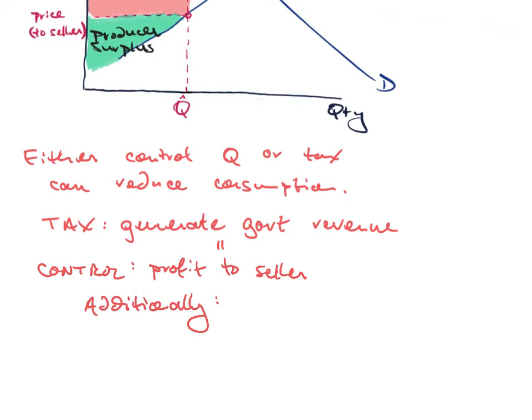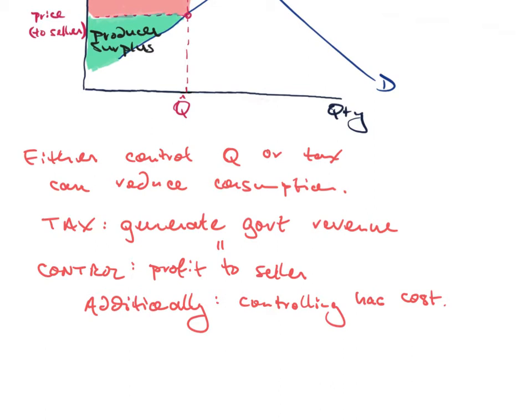Additionally, controlling has a cost. Going specifically to the war on drugs, it's expensive for the government to control consumption of drugs.